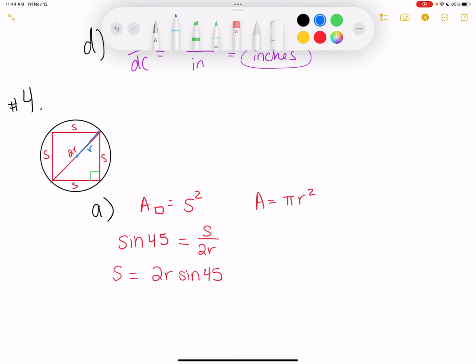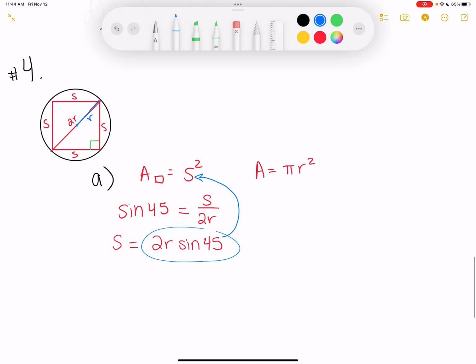Now what I'm going to do is plug this in for s right there. So I'm going to have area is equal to 2r sine of 45, squared.